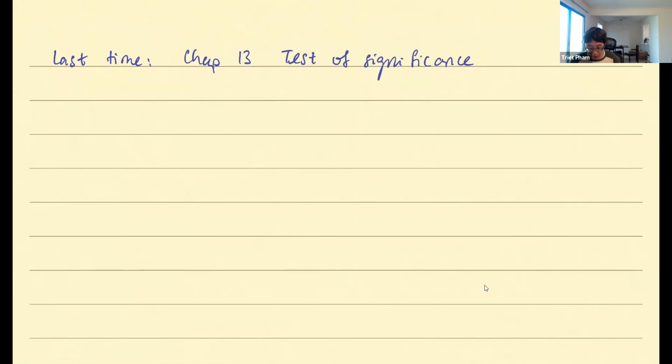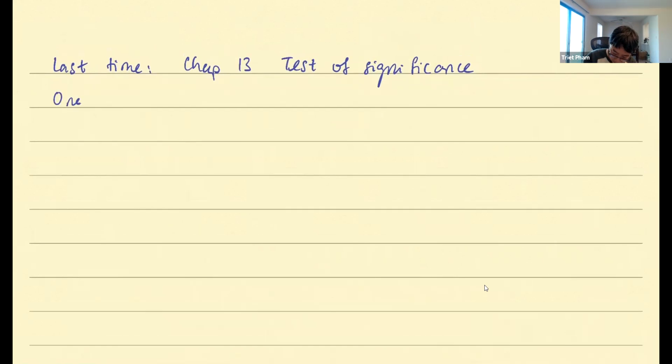And so the big context is like this. For one sample, we have 3 types of tests.